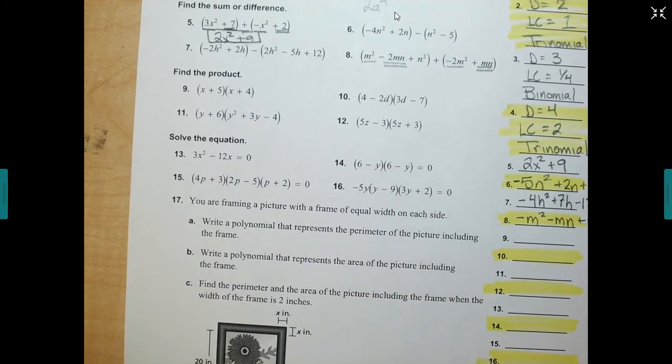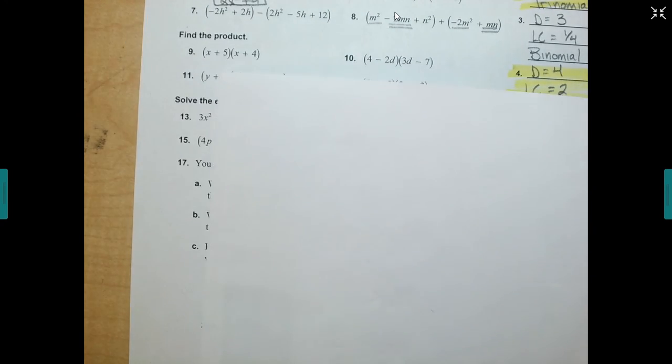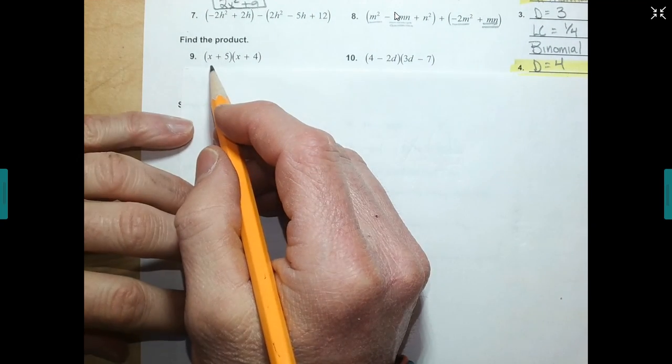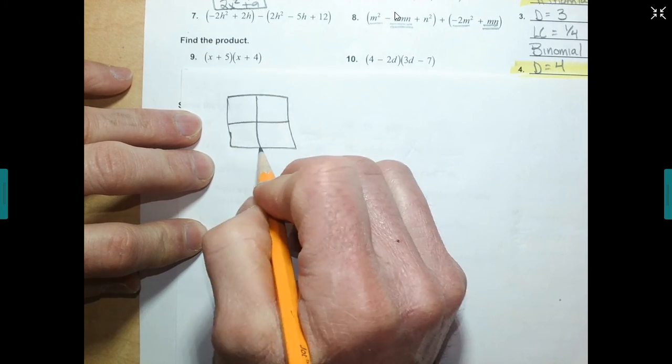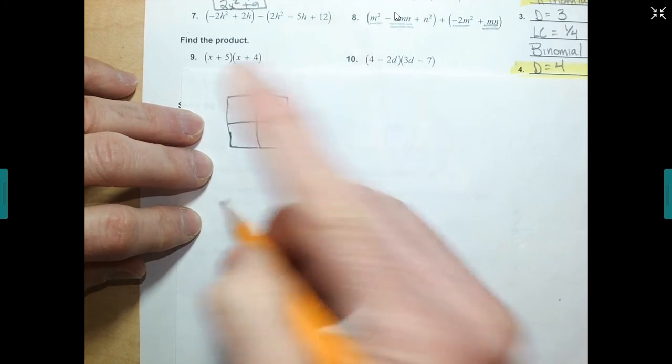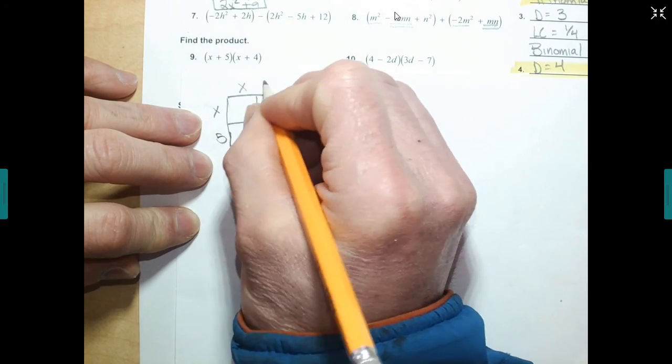All right. Number 9, find the product. Product, you'll recall, is multiplication. So for number 9, I'm going to go ahead and do, since I know I get it right pretty much every time, except for that one negative that you guys caught, I'm going to do the box method.